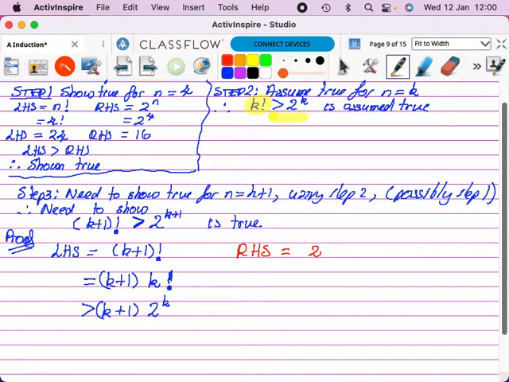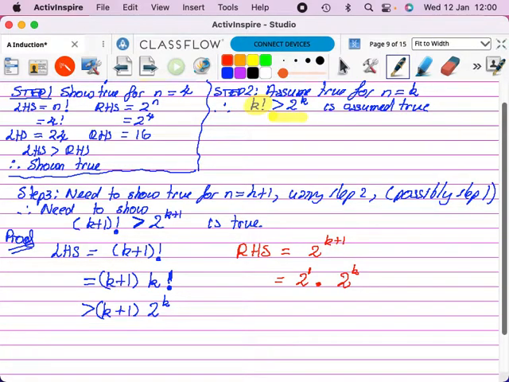Well, the right-hand side is 2 to the power of k plus 1. Now, in this particular proof by induction, it's actually probably easier at this stage to work off the right-hand side. So the right-hand side is the addition of powers, and the addition of powers reduces to the multiplication of bases, where that's going to be to the power of 1, and that's going to be to the power of k.